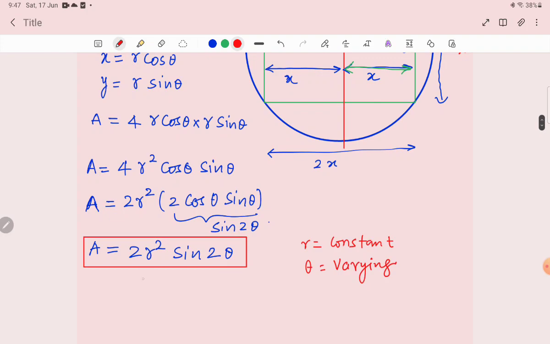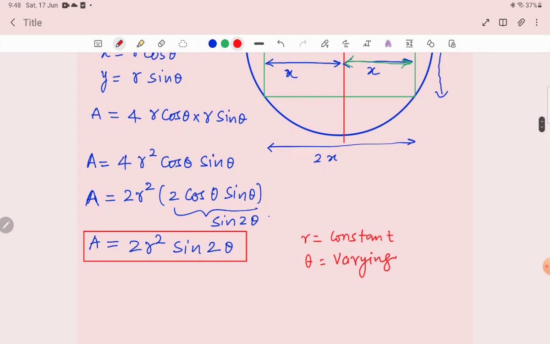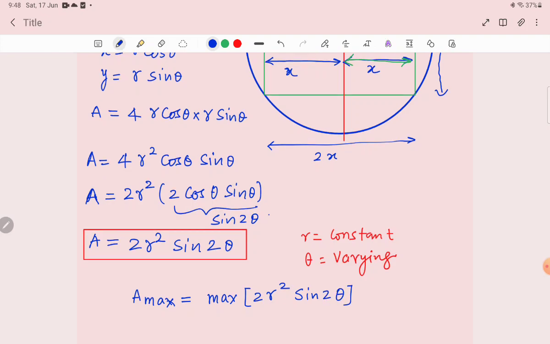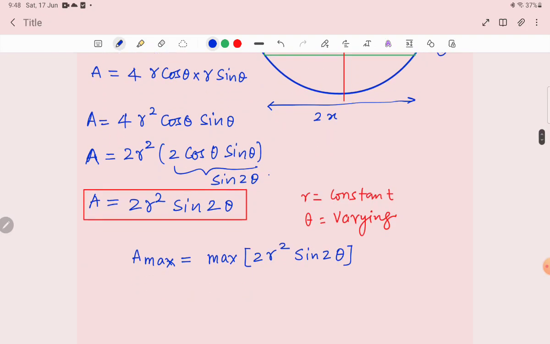So if you want to maximize this area, we will only need theta to maximize or reduce the area. So to maximize the area, let's say the maximum area is A max, so we can say that it can only be maximized when theta is at its optimum value. So we need to find that optimum value of theta, which will maximize the total area.